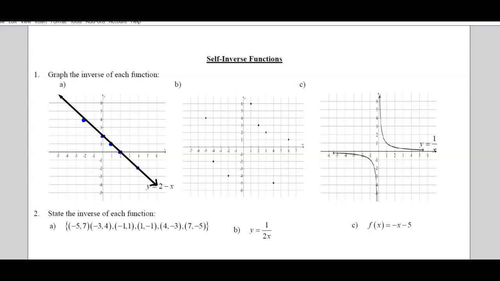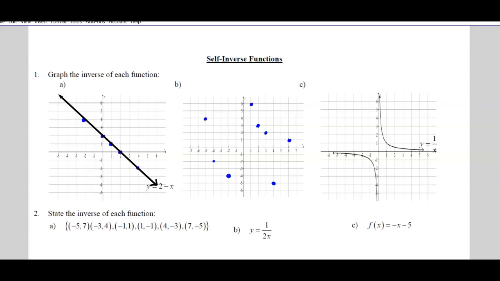Here, (-5, 4) becomes (4, -5). (-4, -2) becomes (-2, -4). (1, 6) becomes (6, 1). (2, 3) becomes (3, 2). (3, 2) becomes (2, 3), and backwards, right? We've done all of these. So the original and the inverse are the exact same function.